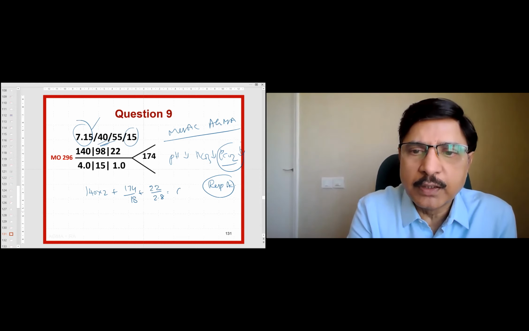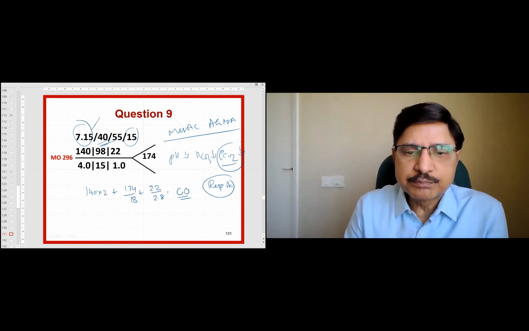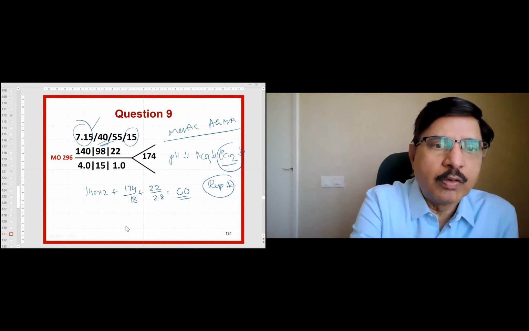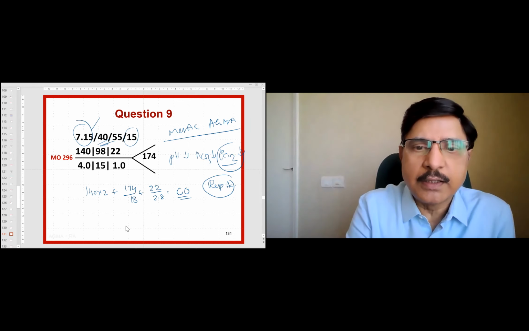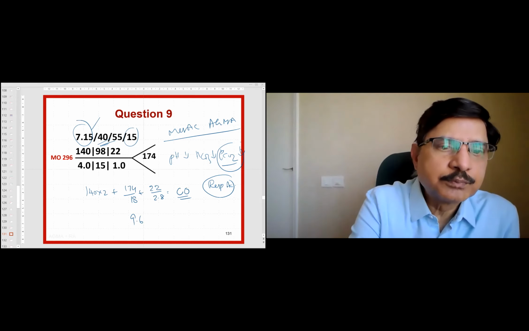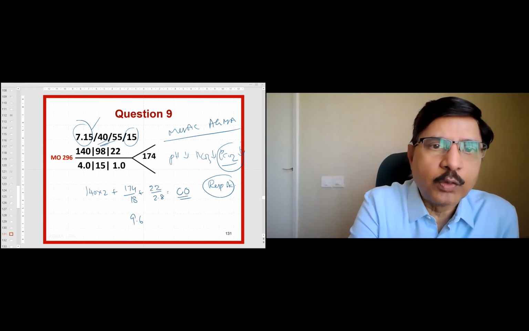This will be the calculated osmolality. 140 into 2 is 280. 174 over 18: 174 is glucose, 18 is the conversion factor, giving 9.6. And 22 by 2.8.